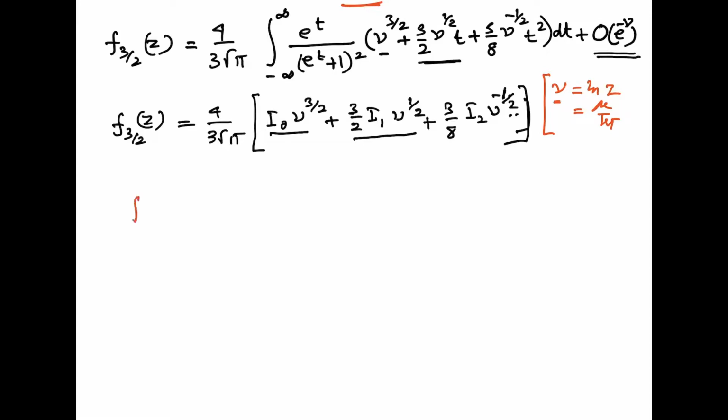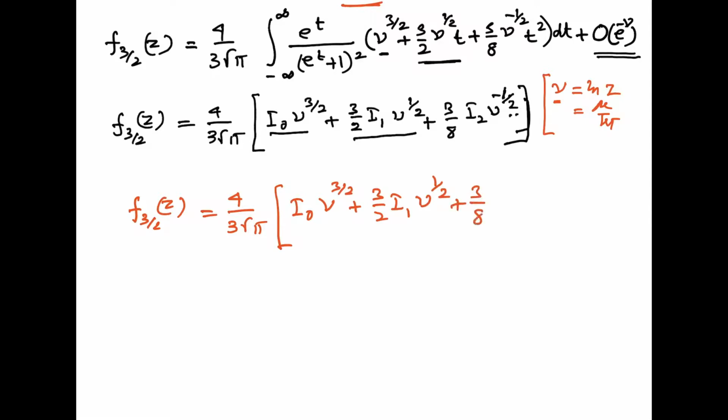Let's rewrite it. f 3 by 2 of z equal to 4 by 3 root pi, I naught nu to the power 3 by 2 plus 3 by 2 I1 nu to the power half plus 3 by 8 I2 nu to the power minus half, and other terms which we are neglecting.